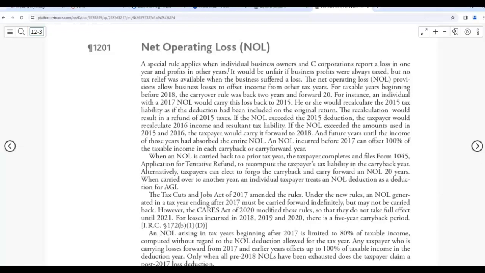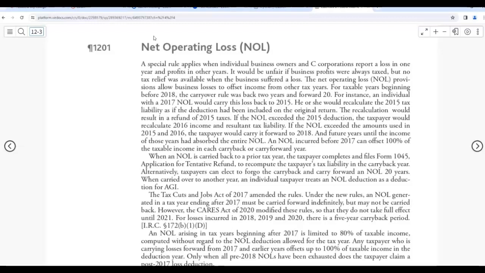A C corporation files a tax return and pays taxes itself as a C corp. But in some years, maybe you have a loss. Some years, maybe you have a gain. If you have a gain, profit, then you pay taxes. If you have a loss, then you carry forward your losses.